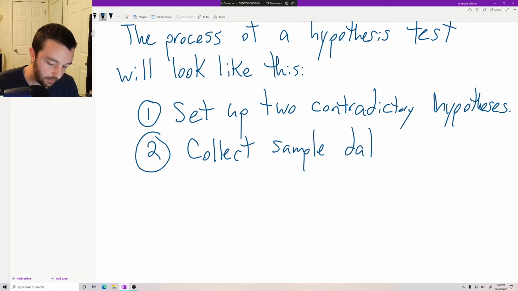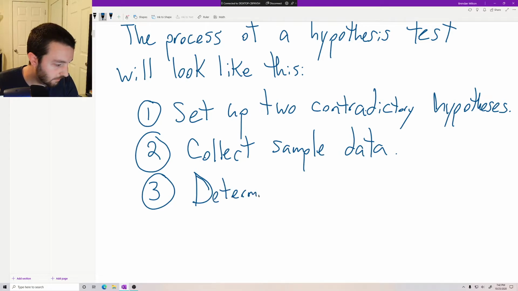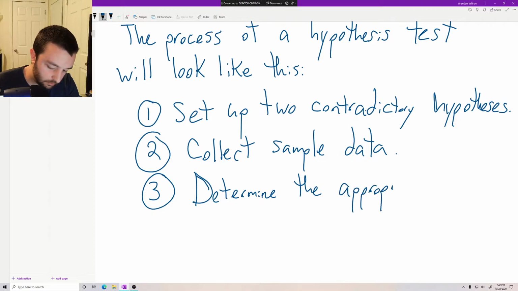Two, we're going to collect sample data. Obviously, for our purposes, we're just going to be given the sample data, because we're not actually doing any collecting in this class, at least in the homework problems and stuff. And then we're going to determine the appropriate distribution.